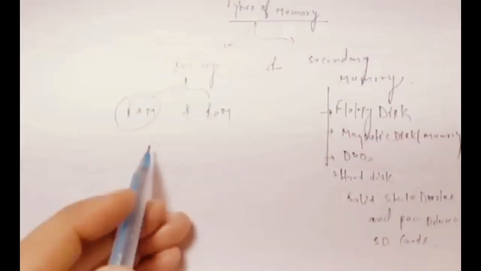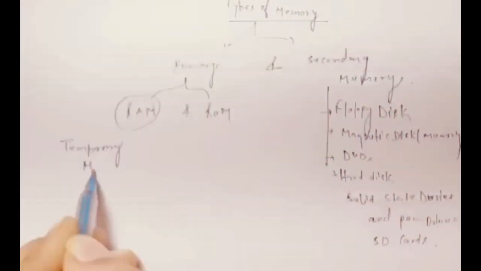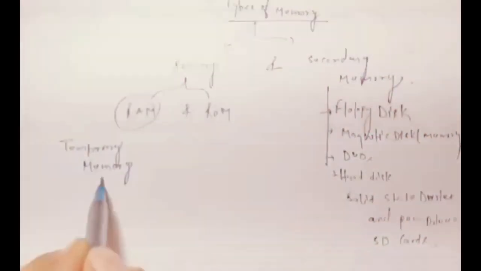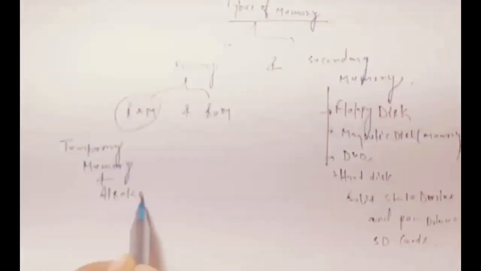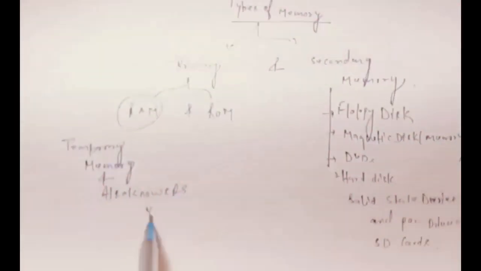RAM is also known as temporary memory, and also known as volatile memory.